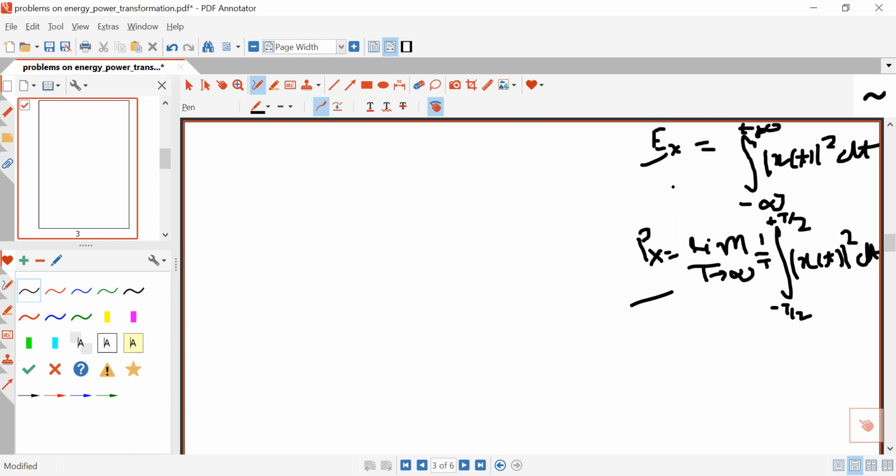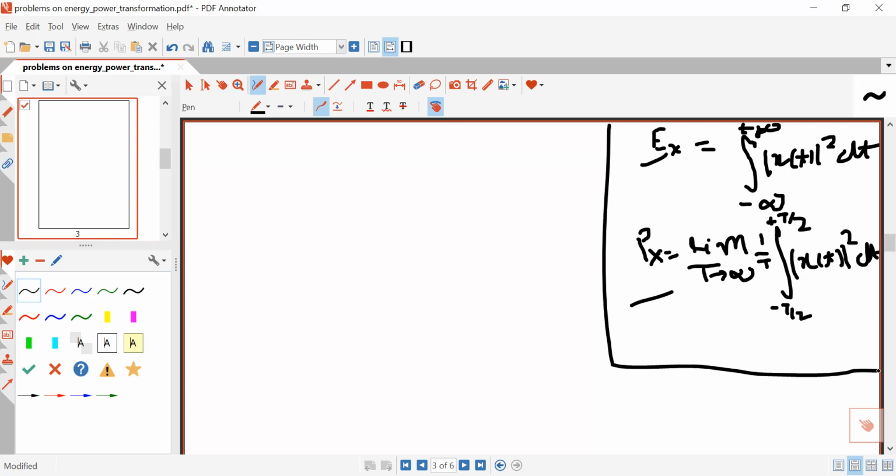And the second thing you have to remember, which I have already discussed, is that a signal is an energy signal if the energy of the signal has a definite value but its power is zero, and a power signal is a signal in which power has a definite value but energy is infinite.